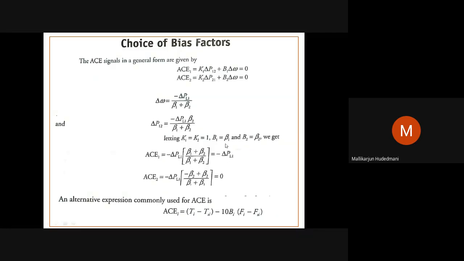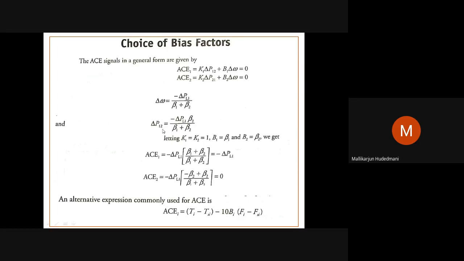ACE of area 1 responds to the change in load of area 1, and ACE of area 2 remains as usual. The other case study is also the same. Assume that there is a change in load in area 2. How do we represent this? Frequency deviation is delta omega equal to, as you can see here, delta PL2 divided by beta 1 plus beta 2.